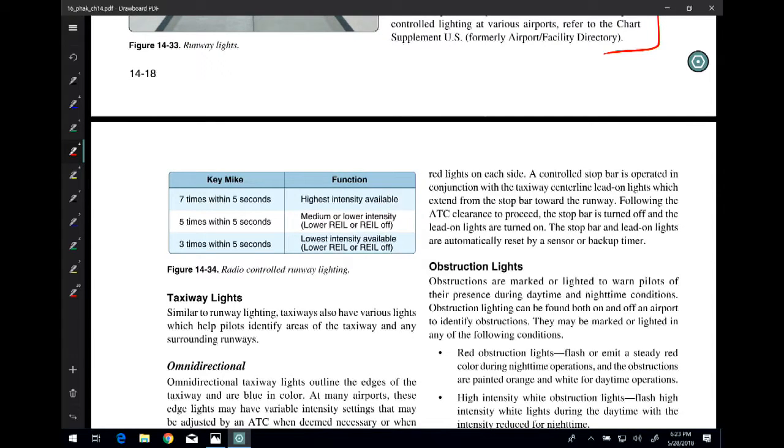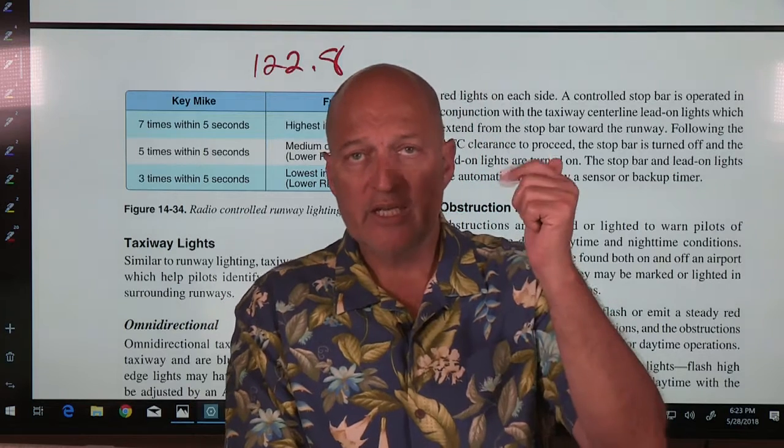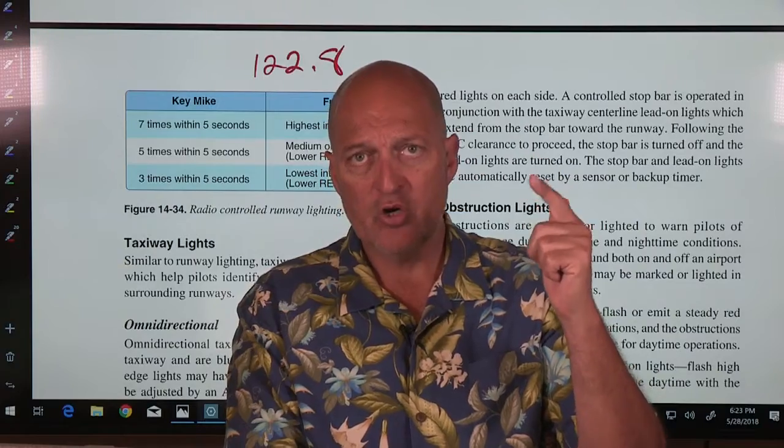So you dial in the common traffic advisory frequency. Let's say it's 122.8. When you are attempting to find that runway or find that airport, you want the lights on that runway at the highest intensity available. So when you tune in 122.8, you click the button on your yoke or your stick.